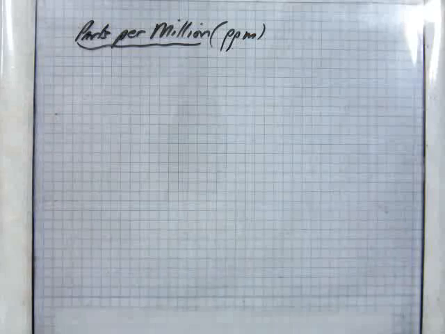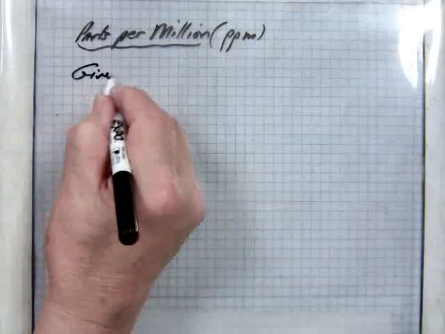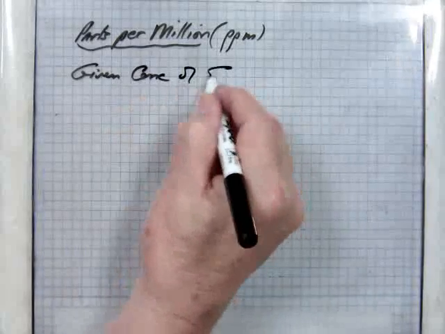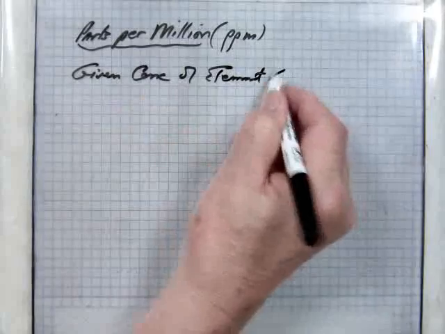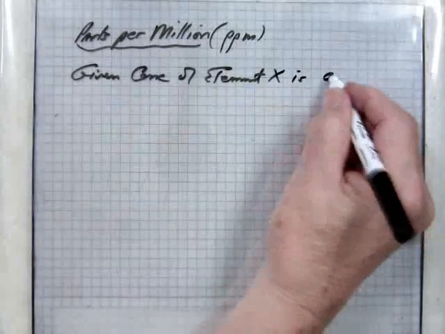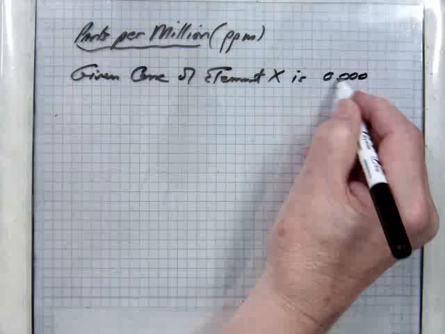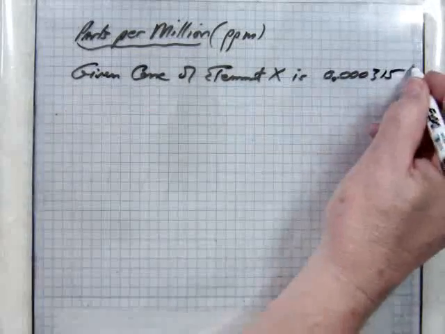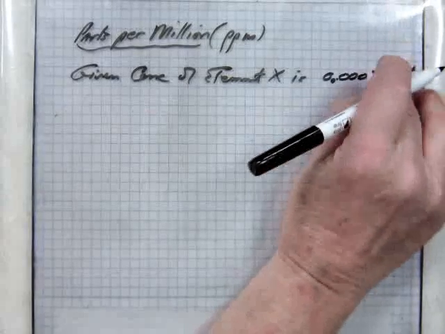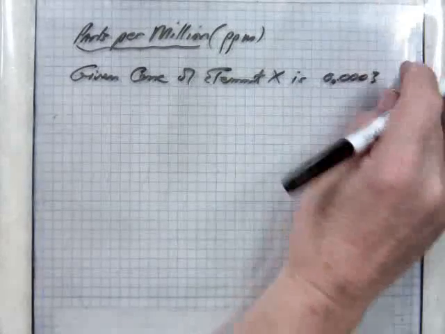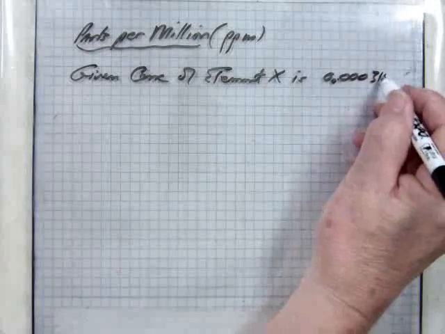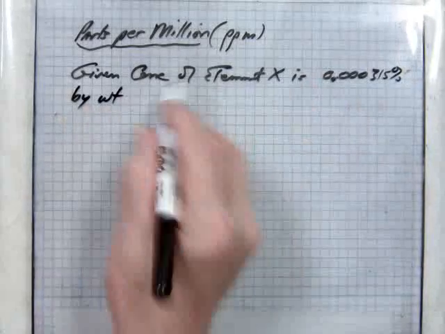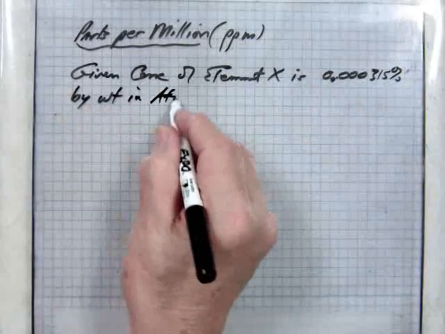Okay. So we're given the concentration of element X is 0.000315% by weight in atmosphere.